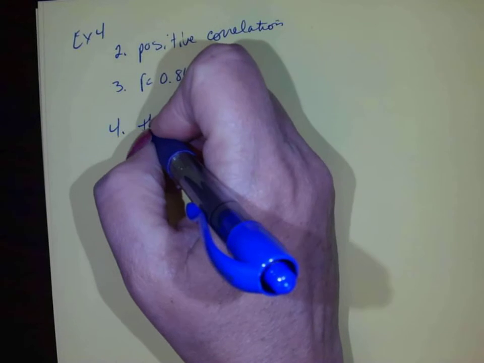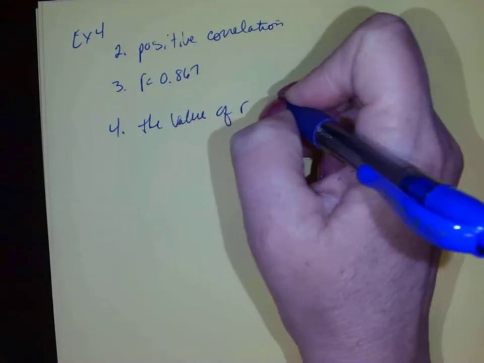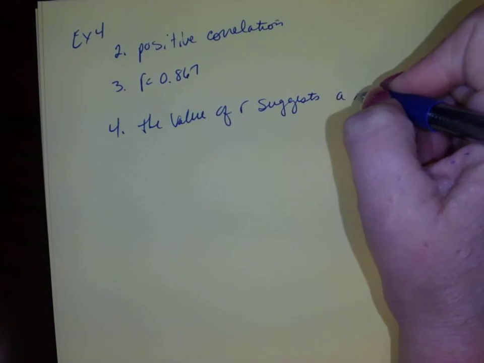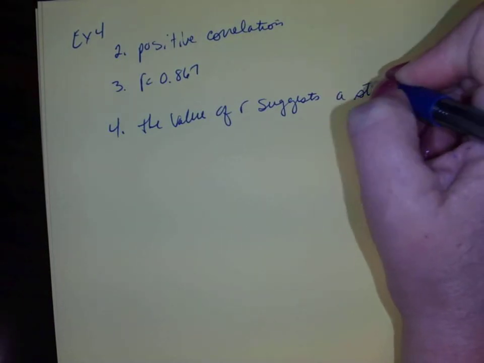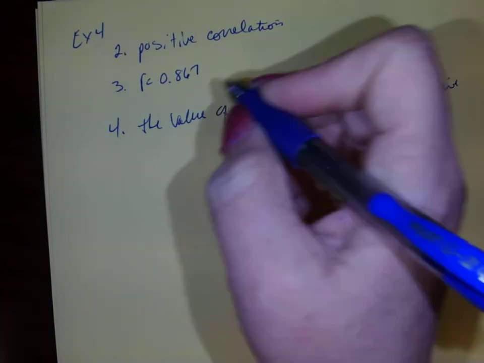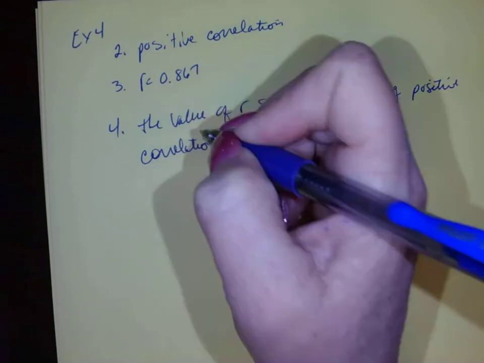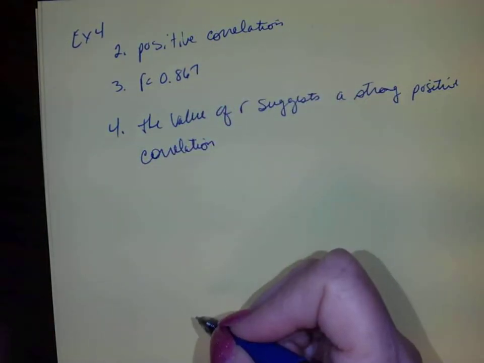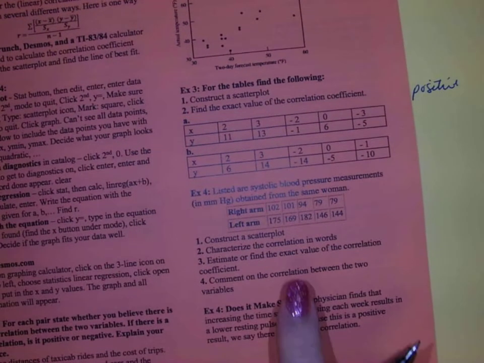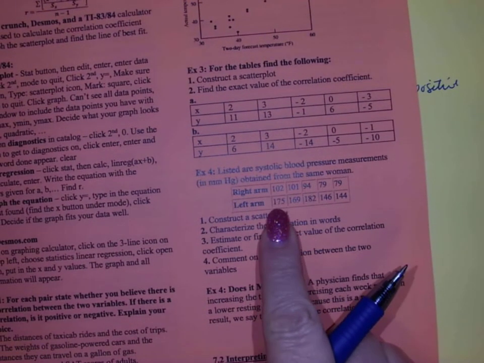So the value of R suggests a strong positive correlation. So if we look at the data there, as her right arm is at 102, it's at 175.